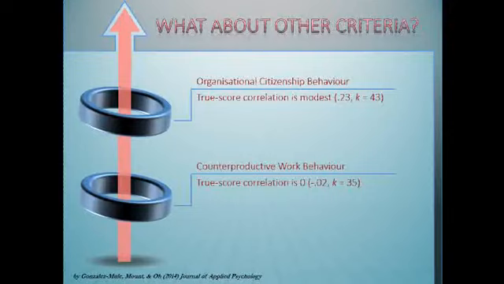For counterproductive work behavior, the true score correlation seems to be 0, which is that smart people are neither more nor less likely to commit counterproductive work behaviors. So if you care a lot about these criteria for whatever reason, then of course you want to use more than just general mental ability in testing. So for example, class, in customer service, OCBs matter a lot.